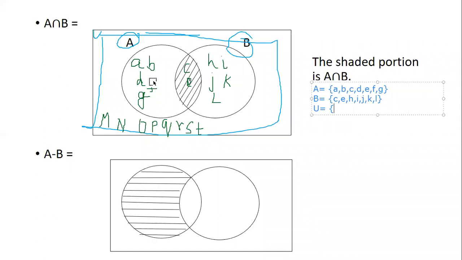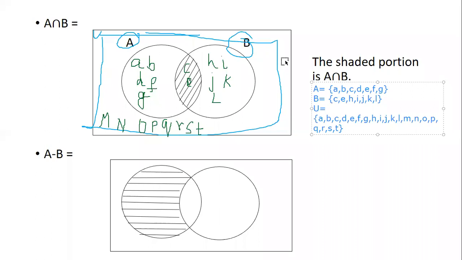So in that scenario, I am supposed to take the elements of set A, that is A, then B, C, D, E, F, G, H, I, J, K, L, M, N, O, P, Q, R, S, and T. So my universal set is this.